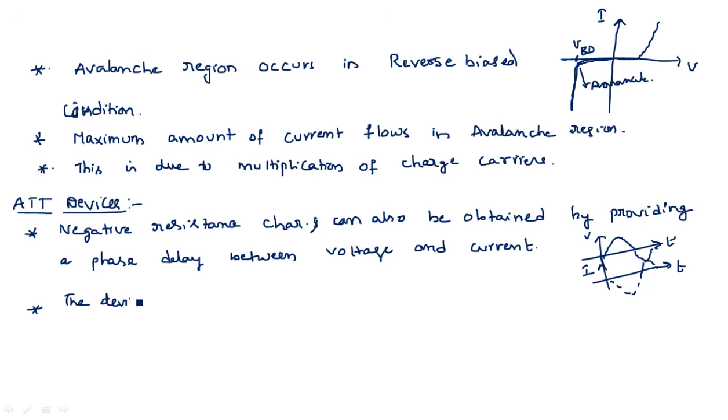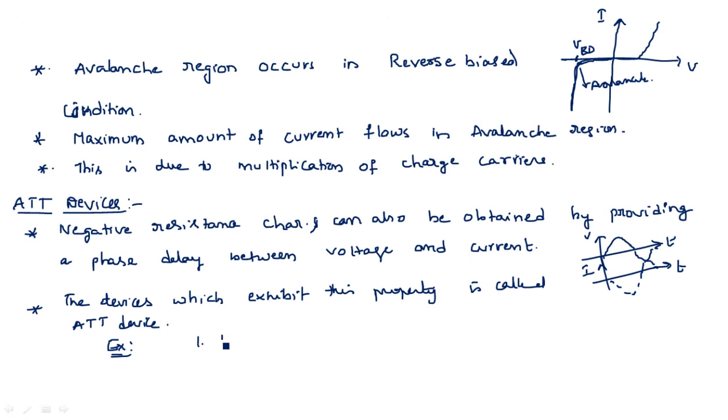The example devices are, first, the IMPATT diode, second, the TRAPATT diode, and third, the Barrett diode.